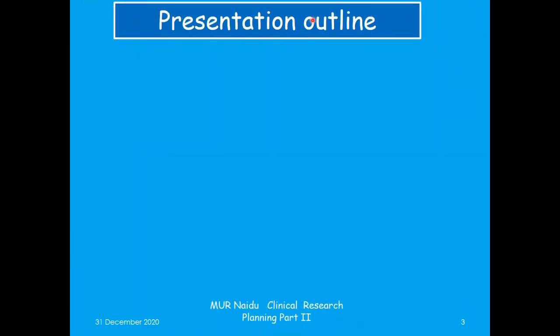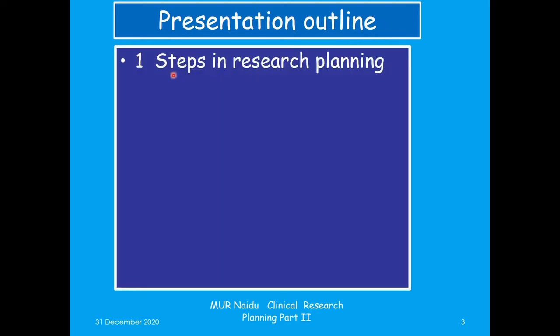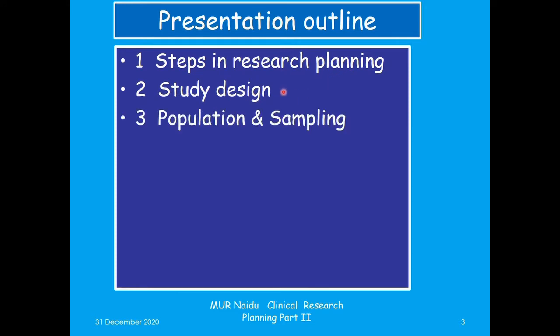In today's presentation outline, I will discuss the topics under the following 8 heads. Number 1, steps in research planning. Second is the design of the study. Third, population selection and sampling.